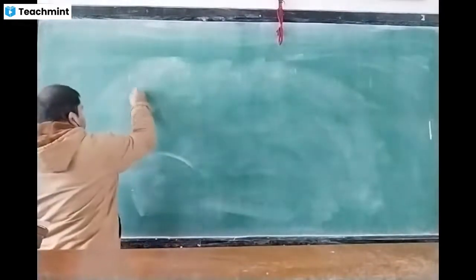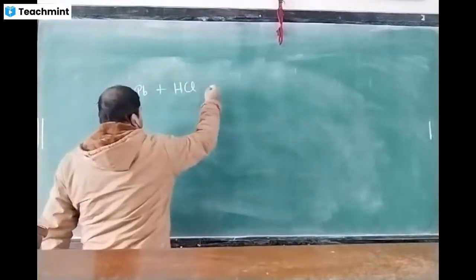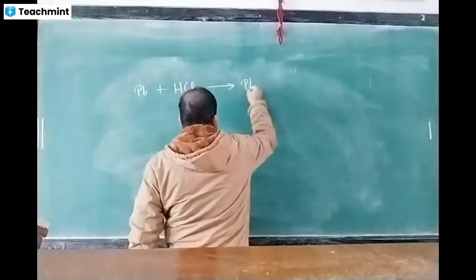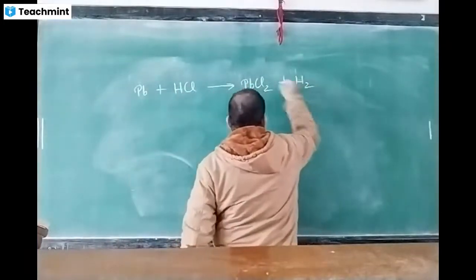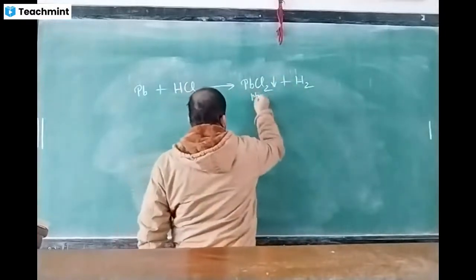Lead reacts with HCl or H2SO4. Due to the reaction with HCl we get PbCl2, lead chloride, plus hydrogen gas. This is a white precipitate.